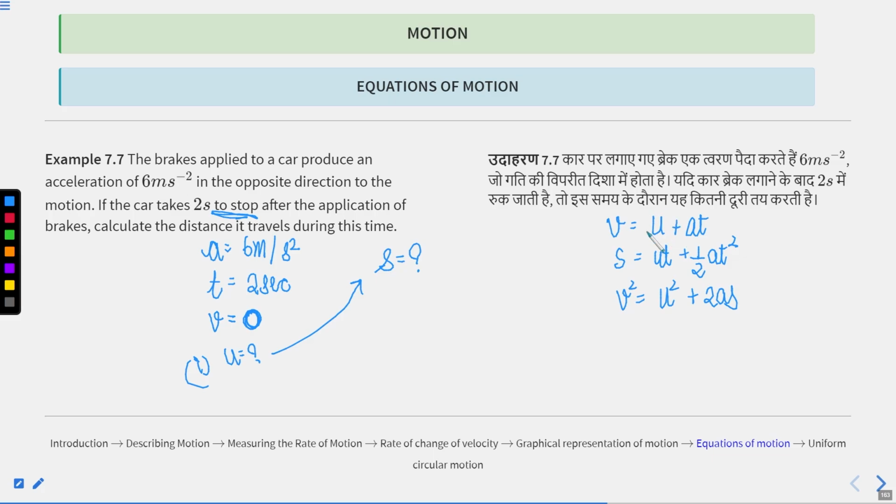We can easily calculate the initial velocity using this, and then we can put the value of initial velocity in this equation or this equation to calculate distance. Clear, class? Because we cannot calculate distance using any equation without the initial velocity, as both equations need initial velocity. So our step 1 will be to calculate the initial velocity, then we are going to calculate the distance.